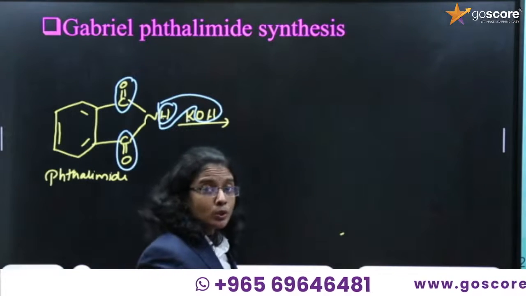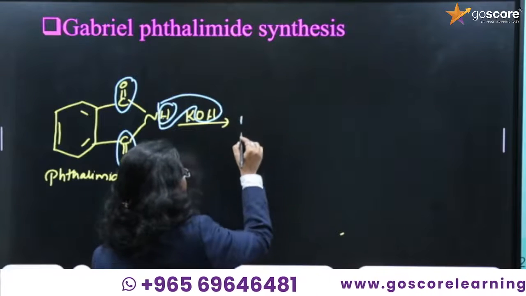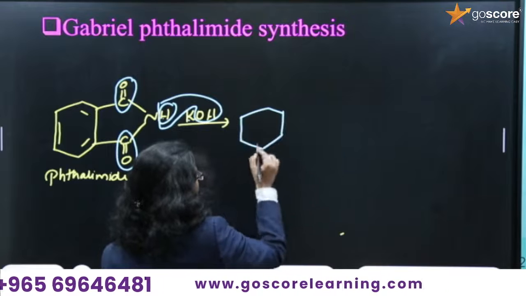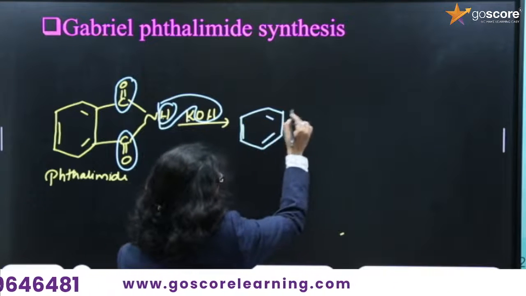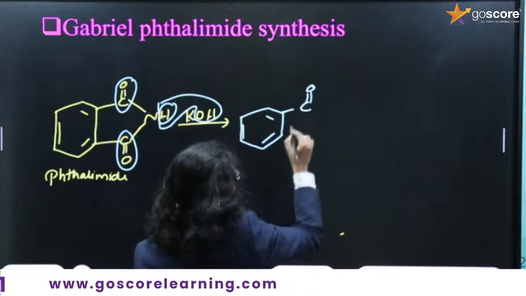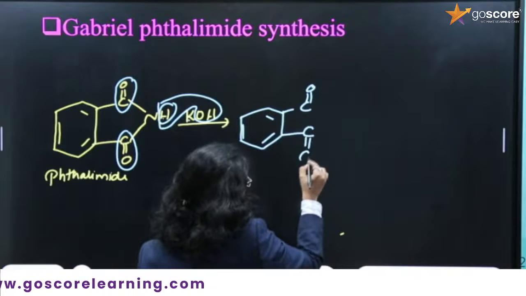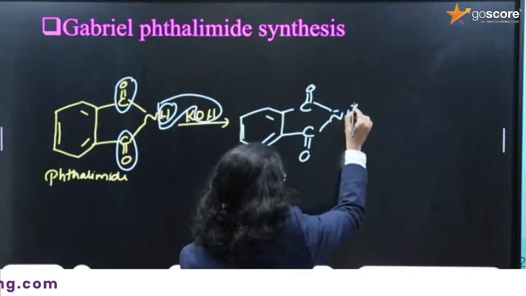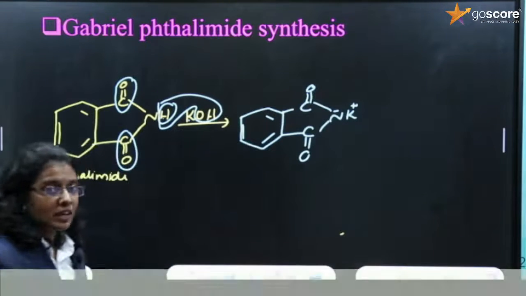So potassium salt of phthalimide will be obtained. So this is potassium salt of phthalimide.